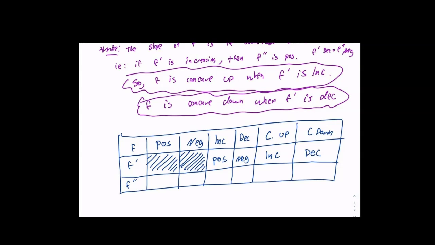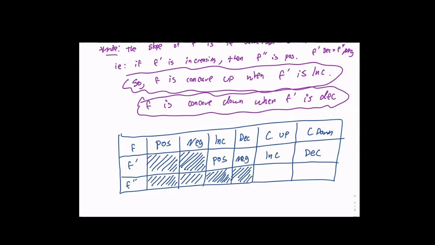Similarly, f double prime, and this is more so for tomorrow, but also helps us with today. F double prime doesn't tell me anything about the sign of f or f prime. F double prime does not tell me anything about the function f increasing or decreasing, nor does it tell me anything about f prime being positive or negative on its own.